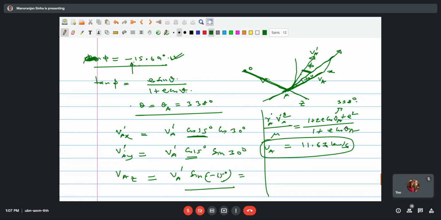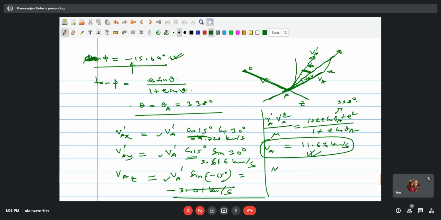Inserting all these values, VAX prime comes out to be 9.723 kilometers per second, VAY is 5.61 kilometers per second, and VAZ comes out to be minus 3.01 kilometers per second.